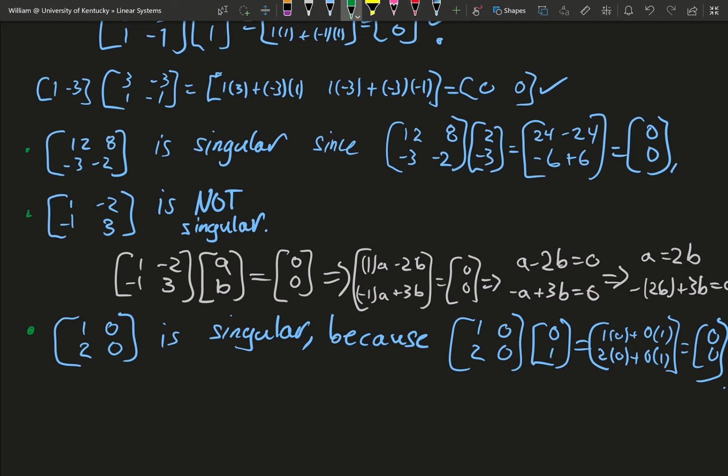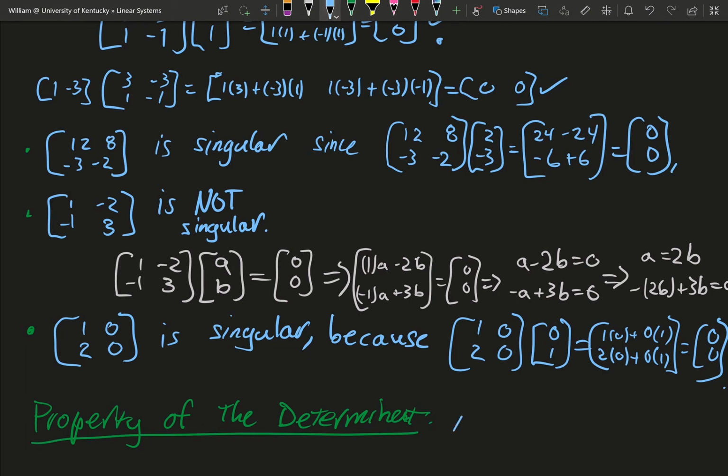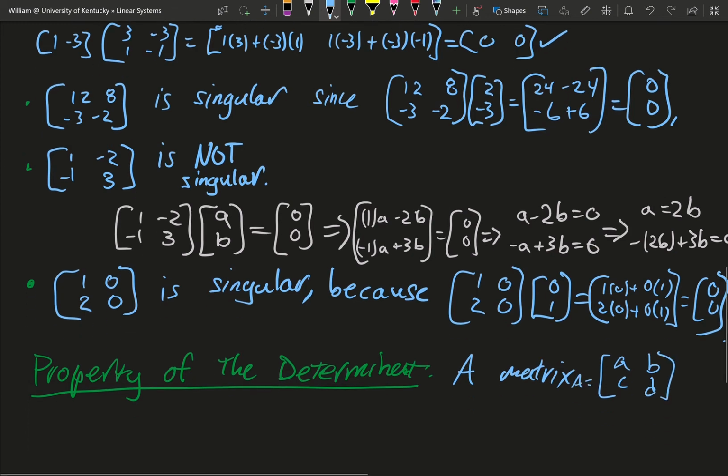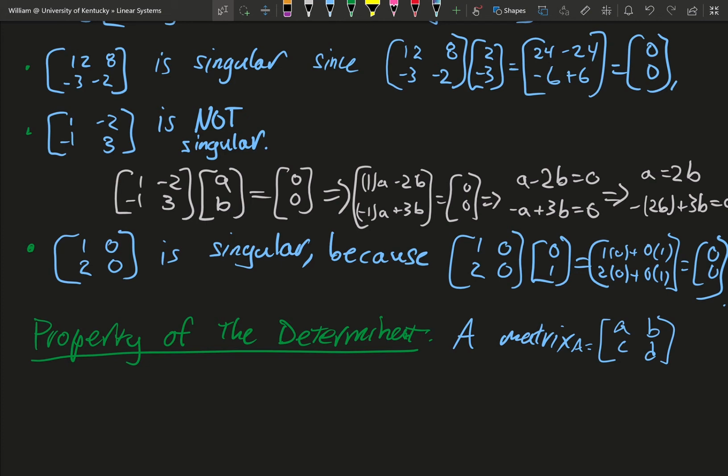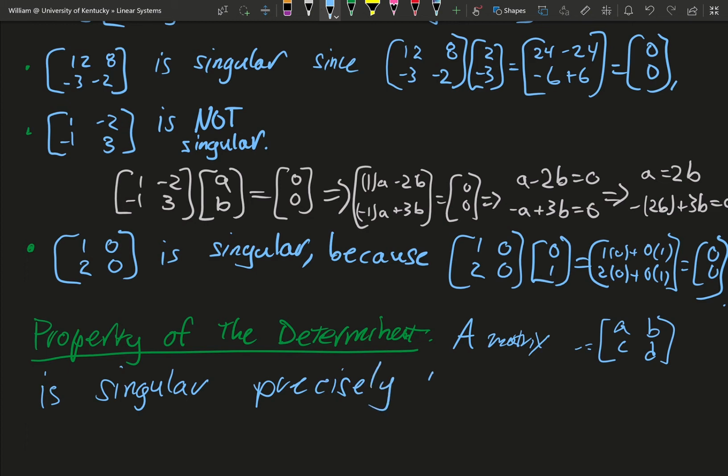All right. So we're going to see a real important property of the determinant. That is, a matrix A, B, C, D is singular precisely when the determinant is 0.